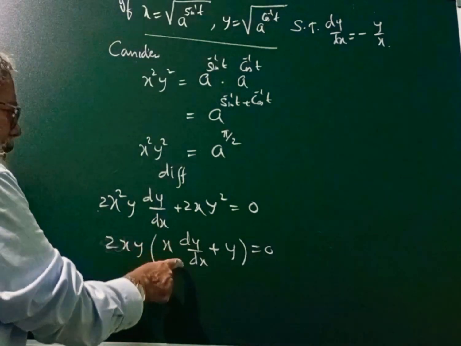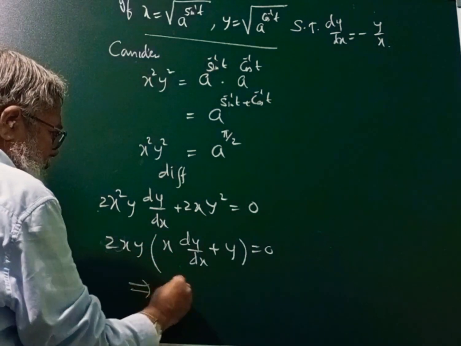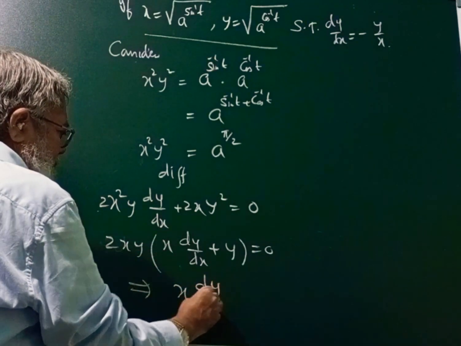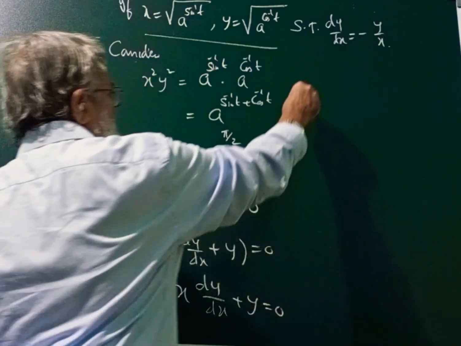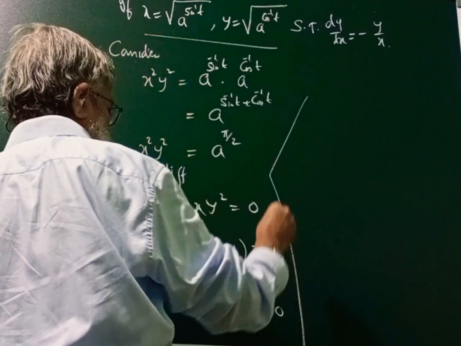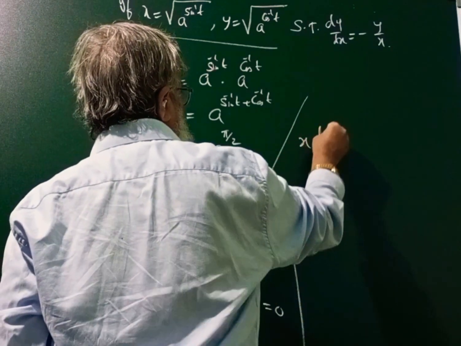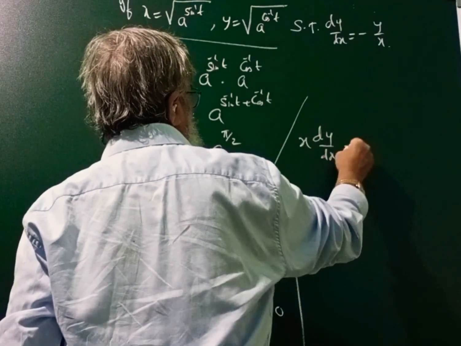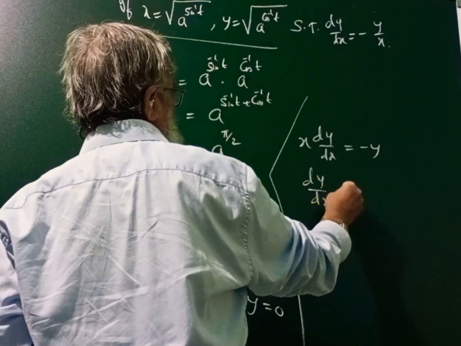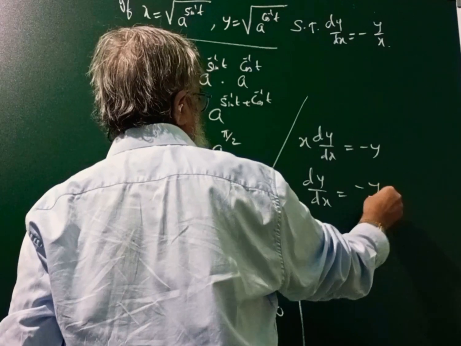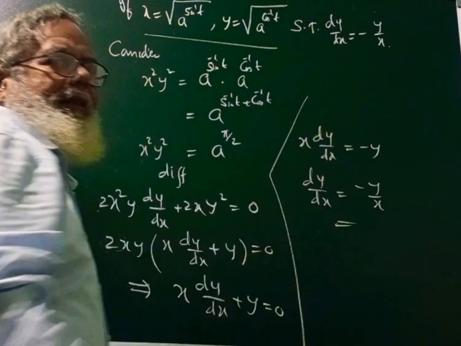So that's why this quantity must be 0. It means x into dy by dx plus y is equal to 0, so x into dy by dx is equal to minus y, or dy by dx is equal to minus y by x, as required.